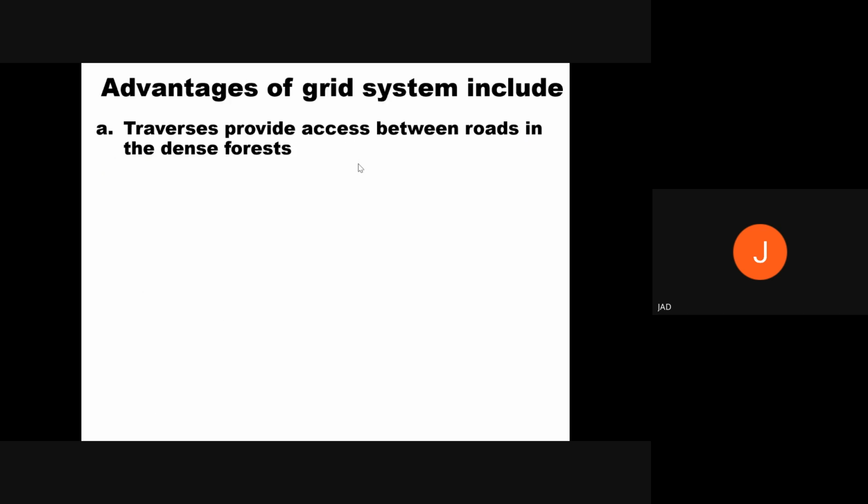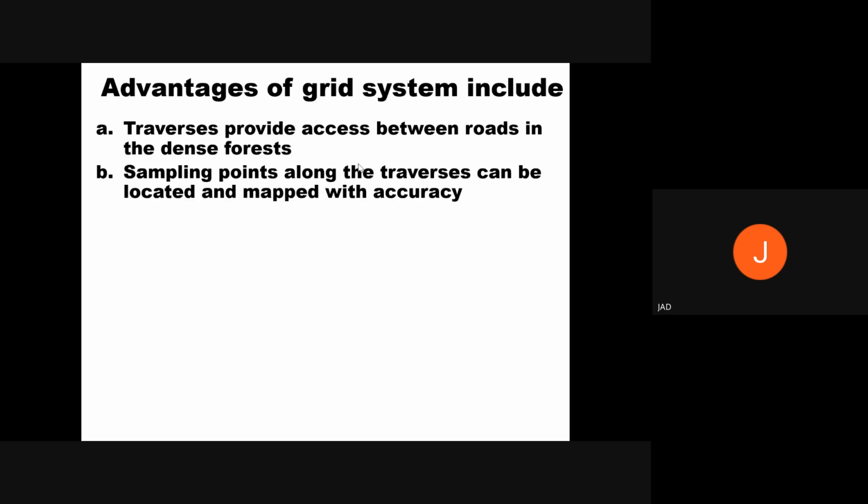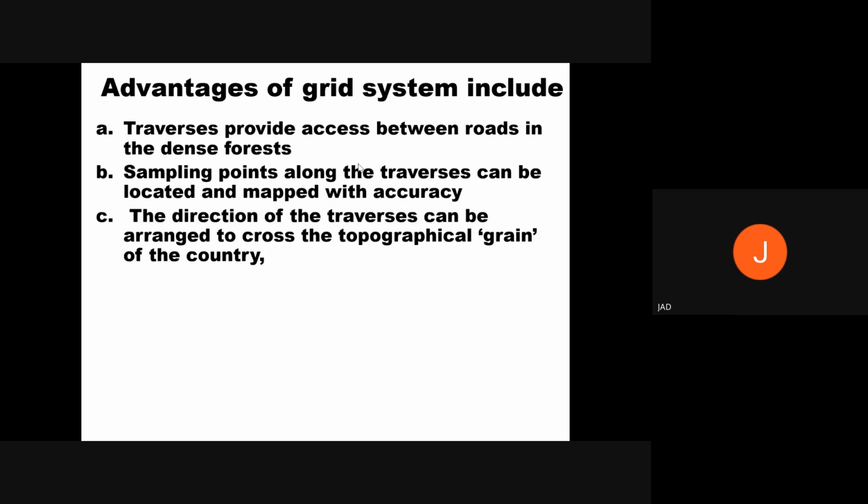Then the advantages of the grid system: the traverses provide access between roads in the dense forest. Sample points along the traverse can be located and mapped out with accuracy. Direction of the traverse can be arranged across the topographical grain of the country. So you can look at the climate changes and develop your grids.